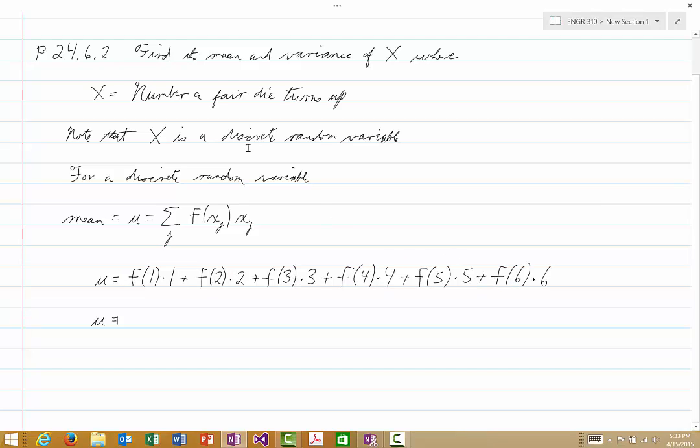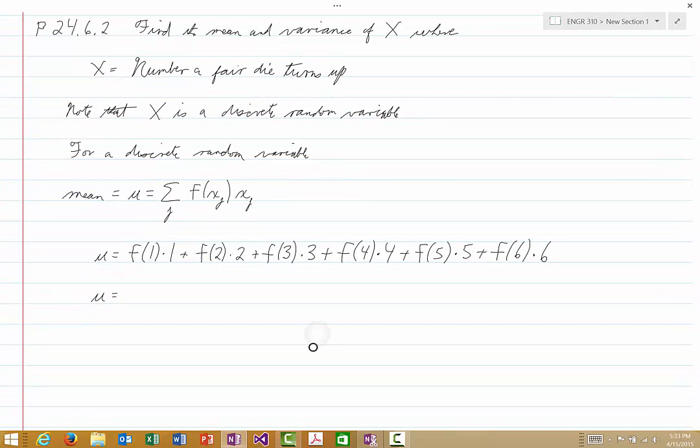But since this is a fair die, all 6 values are equally likely and equal to 1/6. So therefore, we have 1/6 times 1 plus 1/6 times 2 plus 1/6 times 3 plus 1/6 times 4 plus 1/6 times 5 plus 1/6 times 6.